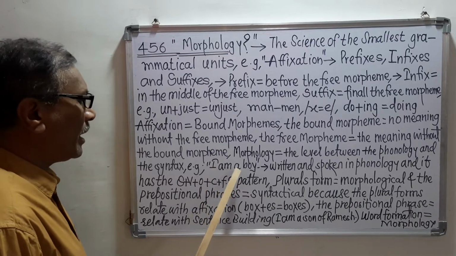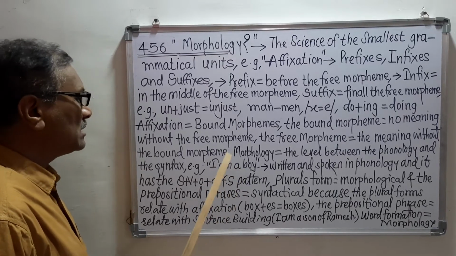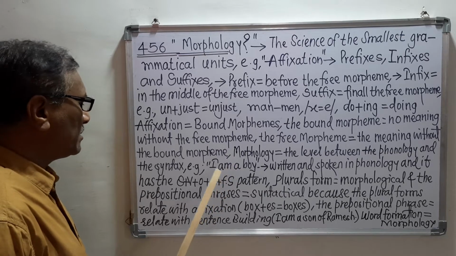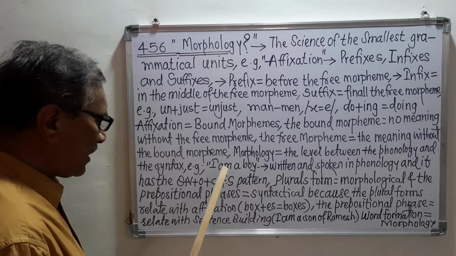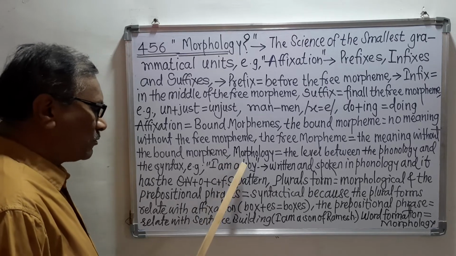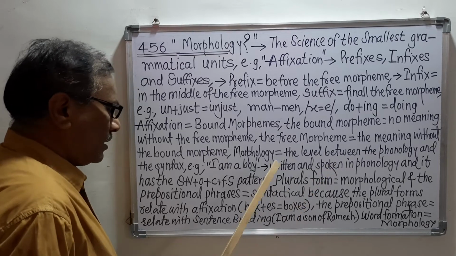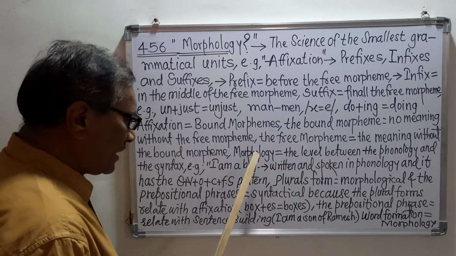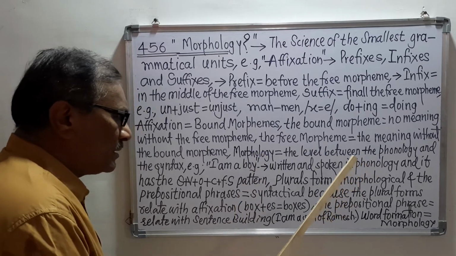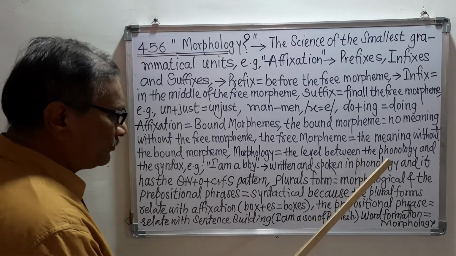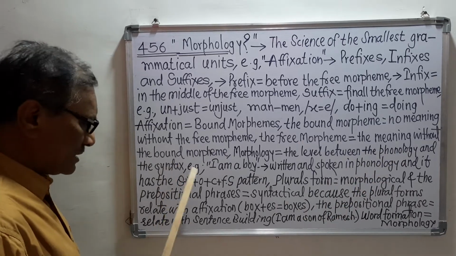Means I am a boy is the particular sentence which has syntax, means it has the particular s+v+o pattern, and that's why it can be written and spoken in the phonology, and that's why we can say that morphology is the level of the phonology and the syntax.